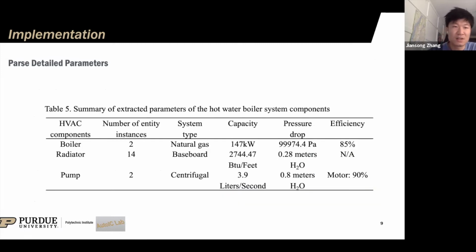So this table 5 summarizes the extracted parameters of the hot water boiler system for the duplex apartment building, including boiler, radiator, pump, which are the 3 main components of the HVAC system. And we extract the capacity, pressure drop, efficiency for each component.